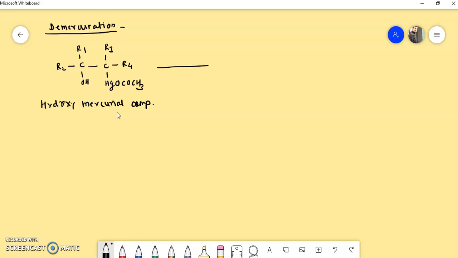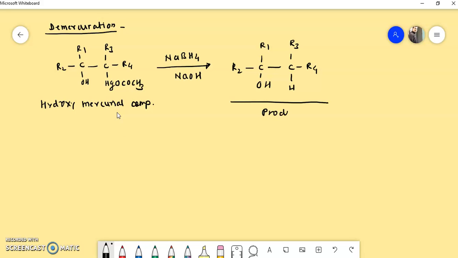Now when this hydroxymercurial compound is reduced in the presence of a reducing agent, sodium borohydride NaBH4, and some base like NaOH, sodium hydroxide, then we get this compound with R1, R2, R3, R4, and here there is only an H now. This is our final product, that is alcohol. So this is the demercuration.